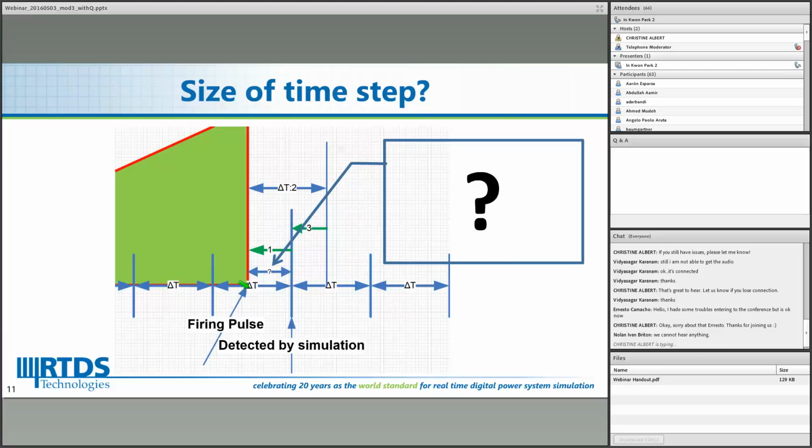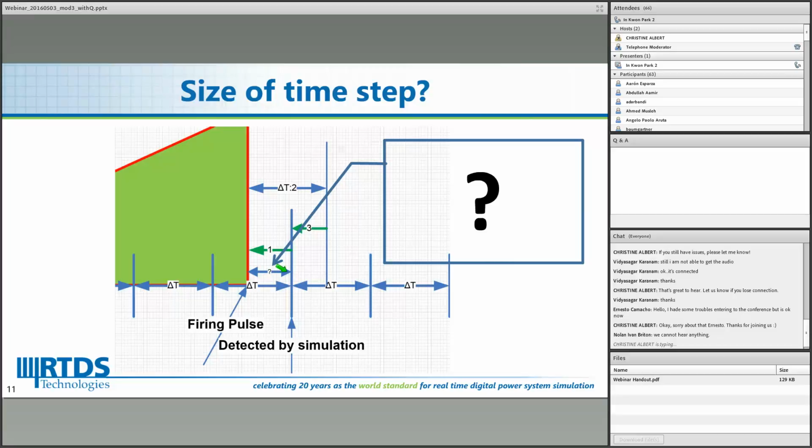But what if your simulation should run in real time? Then when you are standing at this point, at the beginning of the next time step, everything has already become history. That means it becomes very difficult to make the necessary correction in terms of the precise detection of the firing pulse if this period is very small.